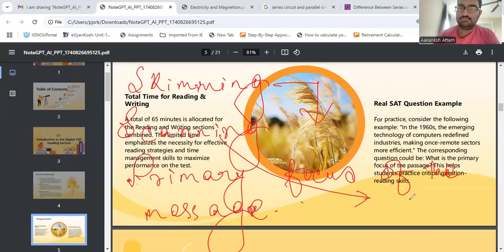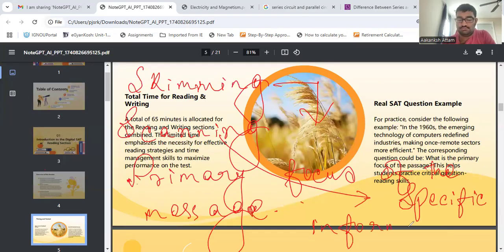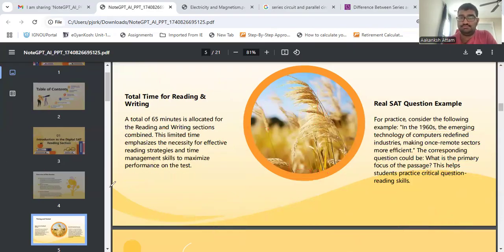Scanning is when the question is seeking a specific answer or specific information. So when it says what is the primary focus of the passage, in that case, what we need to do? We need to do skimming, right? Okay, amazing.